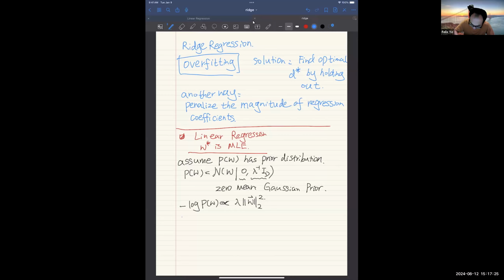It becomes MAP estimation. For MAP estimation, not only do we have the negative log likelihood, we also have a prior introduced. Then that will be our posterior distribution.